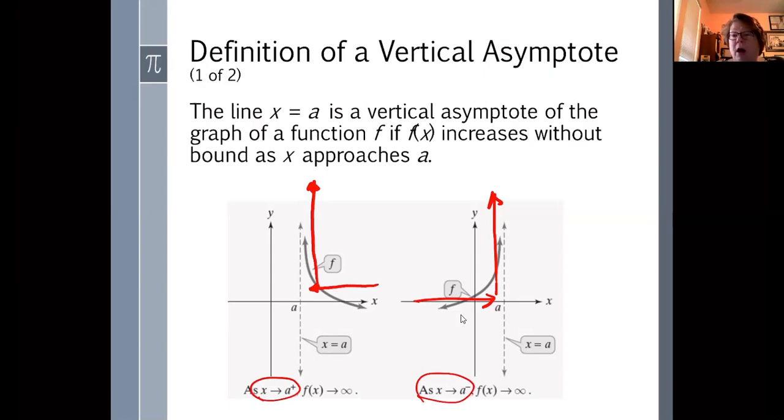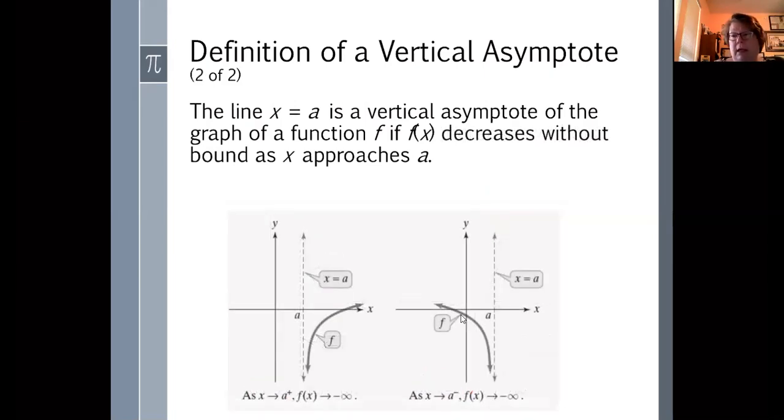Vertical asymptotes are vertical lines that my graph cannot cross or touch. My graph approaches that line and increases without bound, but never crosses it and never touches it. Now it can also decrease without bound, which is the second slide here. The graph on the left shows a function approaching a vertical asymptote from the positive direction and decreasing without bound.